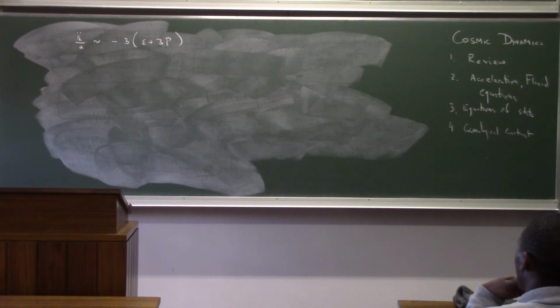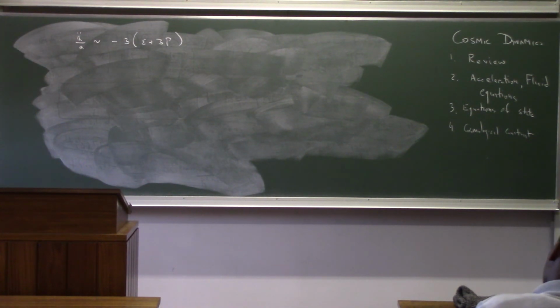It basically has the same content as the equations we started with. So there's nothing new that this is teaching us. It's just a more convenient way of looking at things. So often we'll solve, say, the acceleration equation and the Friedmann equation. That's a solution to the system, because the fluid equation is not an independent equation.